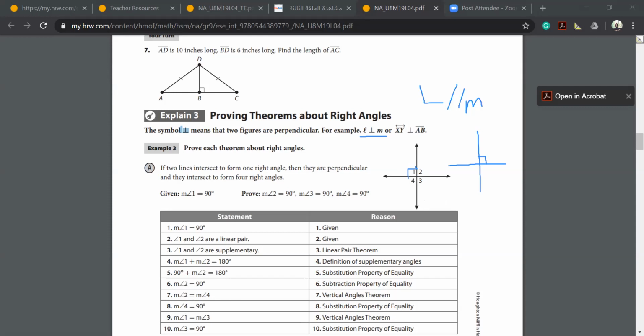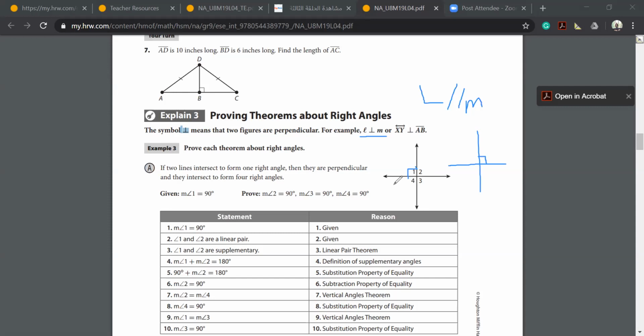It means that measure angle 3 is 90 using the substitution property of equality. Since they are equal, we substituted the 90 for measure angle 4 and the 90 for measure angle 3. And you are done. We proved that if one angle is 90, the other 3 angles will always be 90.